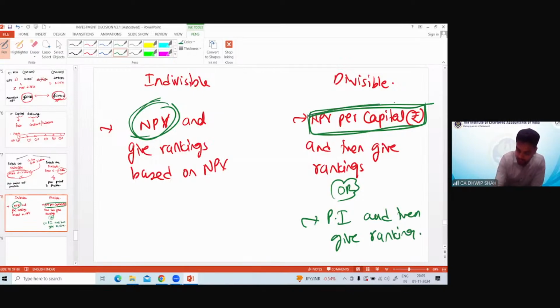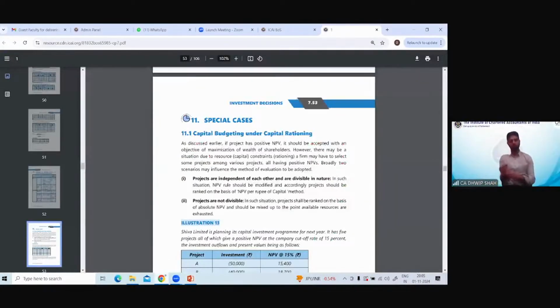Either you use NPV per rupee invested or you use PI technique. Answer rankings under both the scenarios would be the same. Okay? So let's take an illustration to understand how the capital rationing situation works. And let's solve this illustration 30.